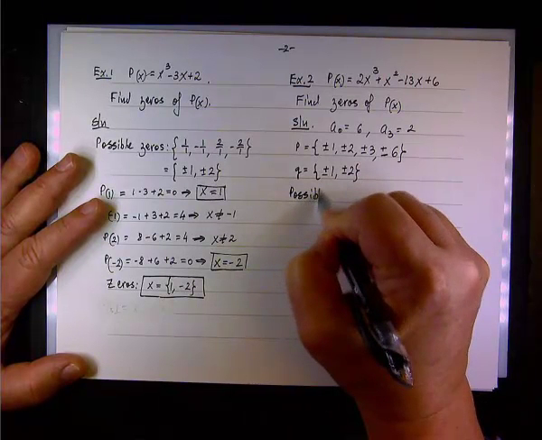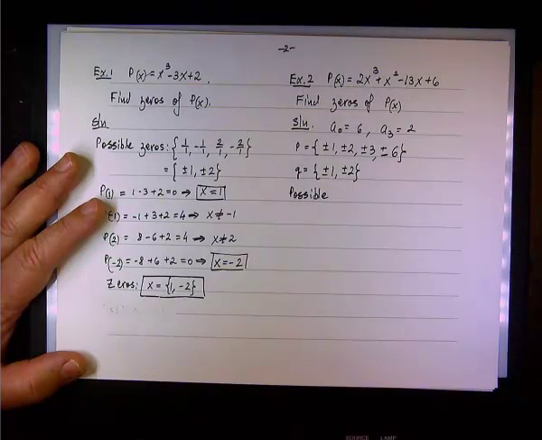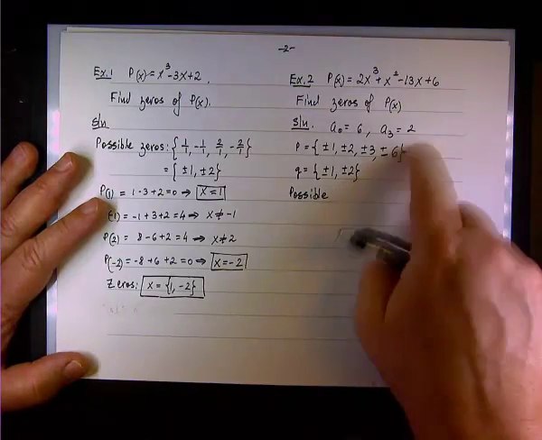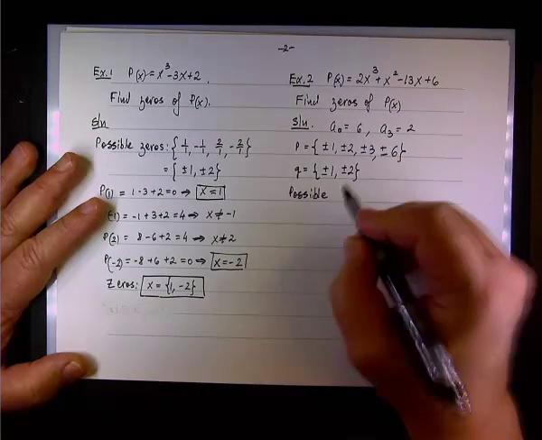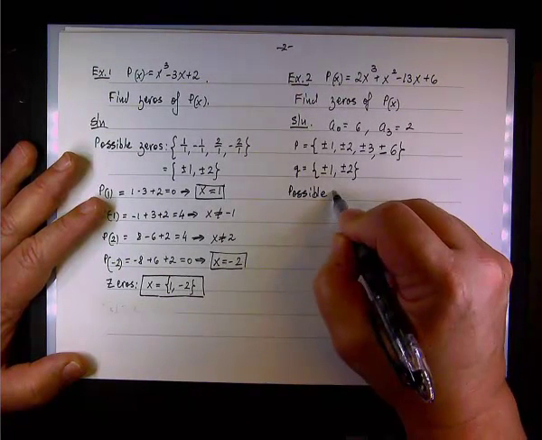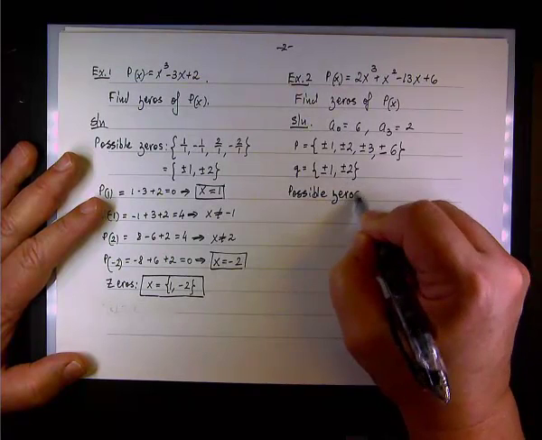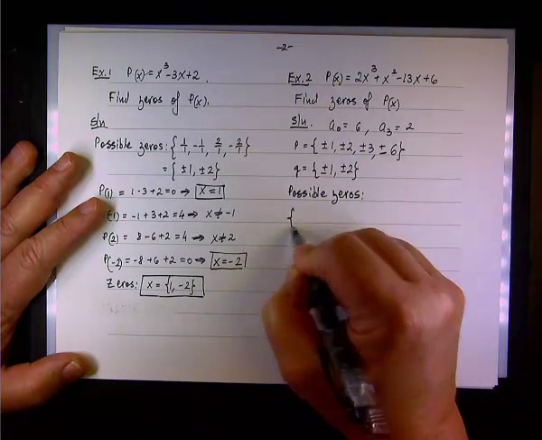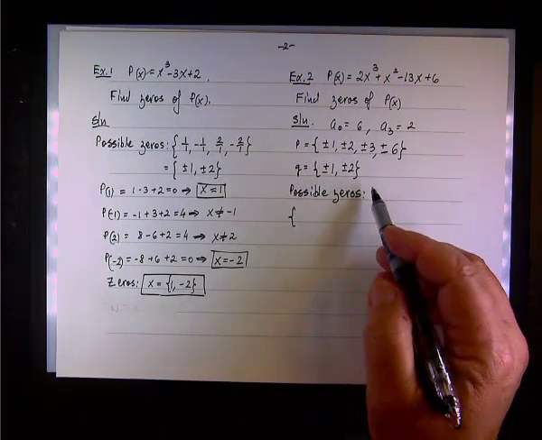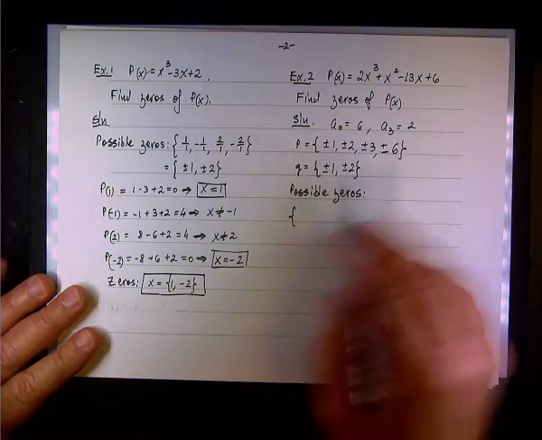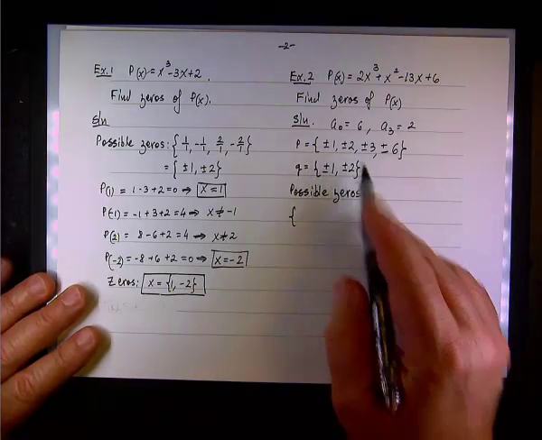You'll see that some of those will be reduced. So let's see, what are the possible zeros of p of x? But, as I said, the reality is we have less.